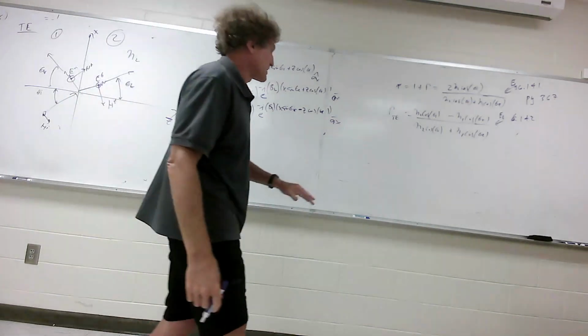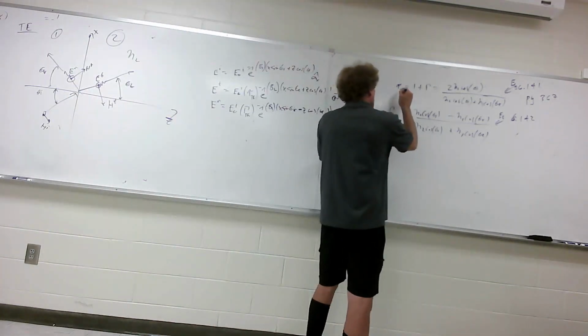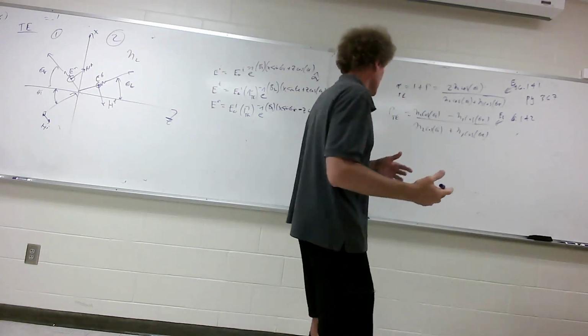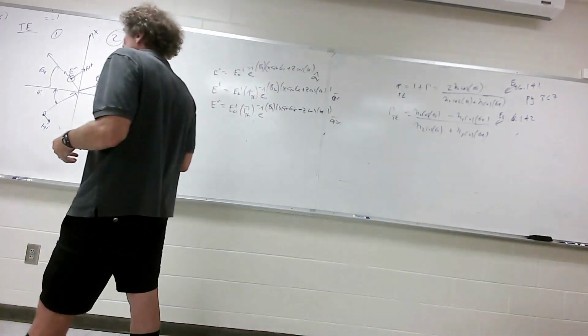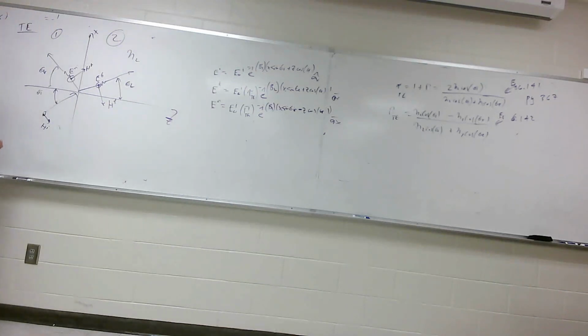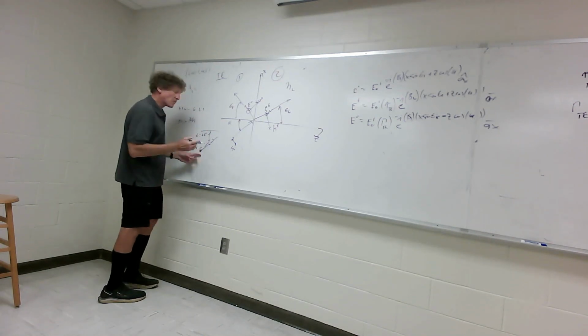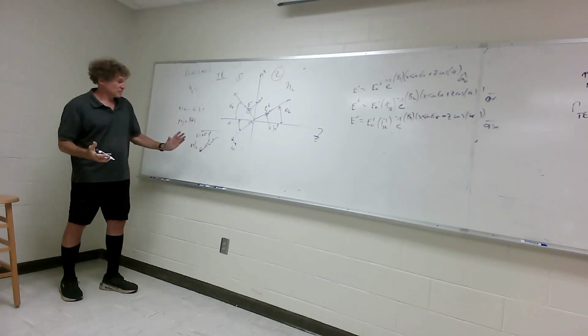Now, I would give you this. This is TE. But if I gave you a problem, let me just show you what I'm talking about. If I say I have an electric field of 12 volts per meter out of the board propagating at a certain angle, say theta equals 45 degrees, in a region 1.